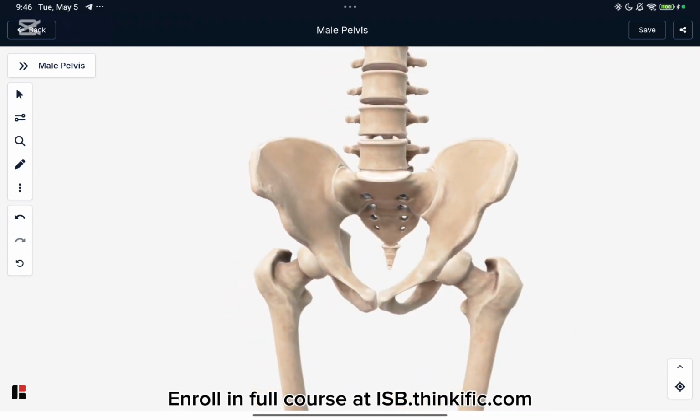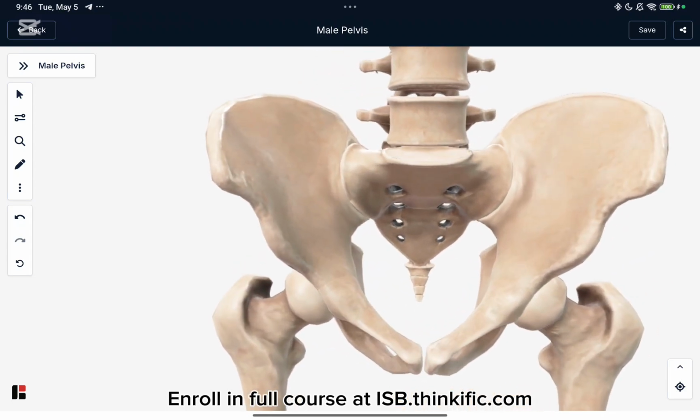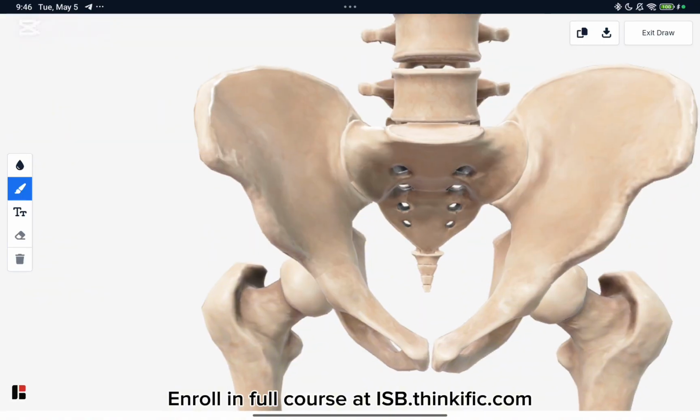Right, let's revise the borders of the pelvic inlet again in a more accurate way.